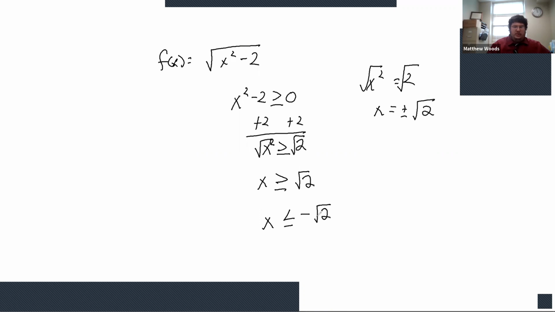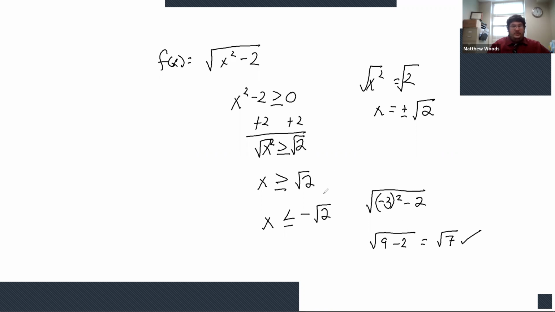That means if I put in something like -3, -3 squared minus 2, -3 squared, remember, is positive 9. I get square root 7. Irrational, but a legitimate number.